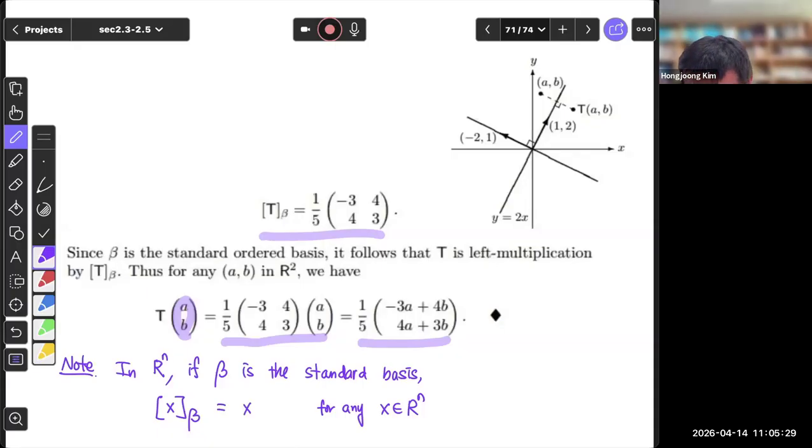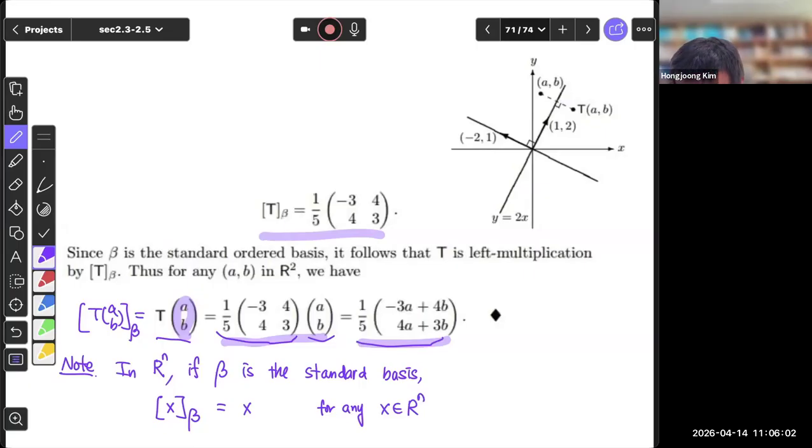So that's why the image of this is actually the same as the coordinate of this image with respect to the standard basis. Okay, so this matrix times the coordinate of the vector. So this is the coordinate of the image.